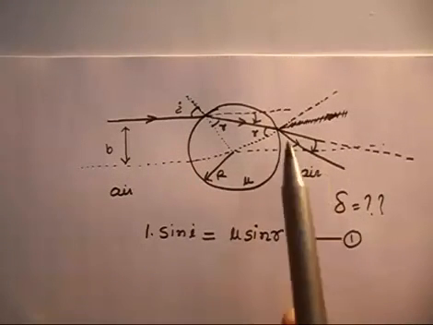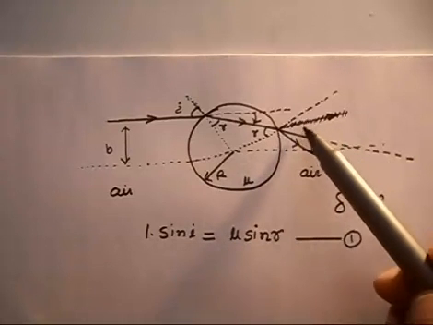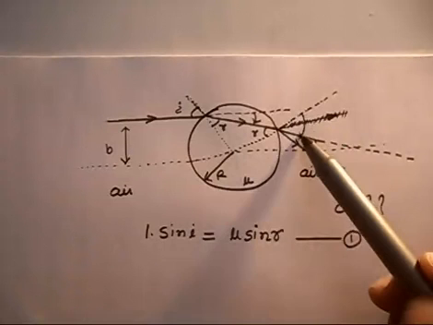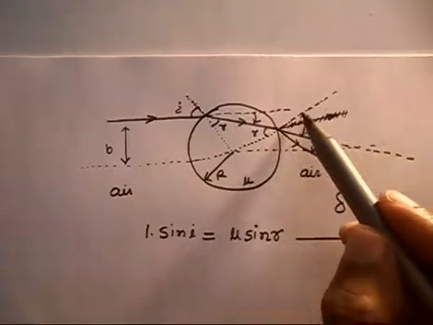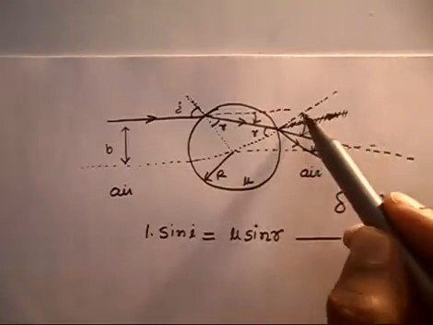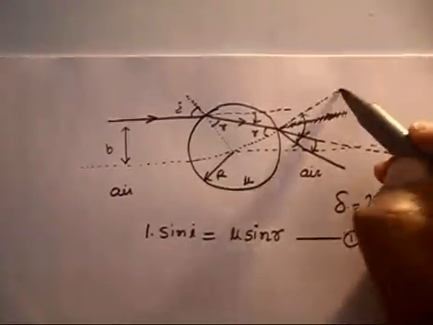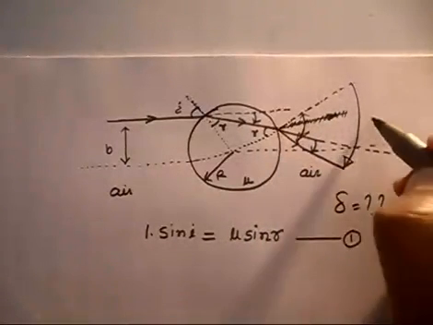If I apply Snell's law at the second face, let us say this angle is theta. So this is the normal, and this is the refracted ray. The angle between the normal and the refracted ray is theta.